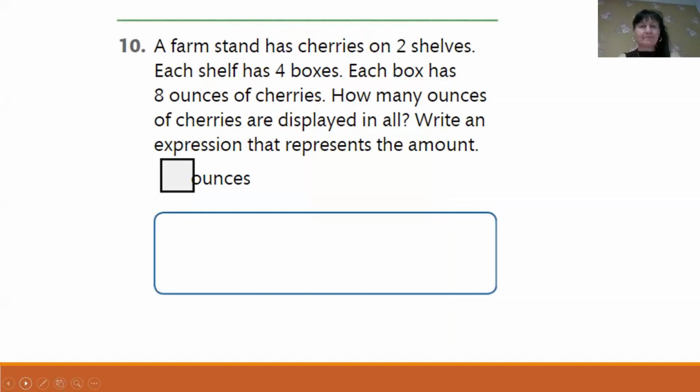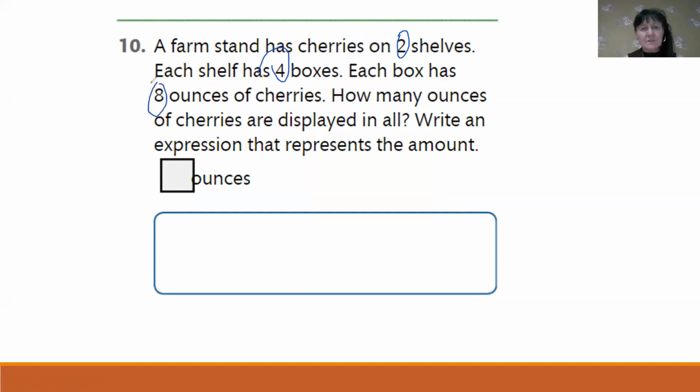Okay, next one. A farm stand has cherries on 2 shelves. So we are circling 2 shelves. Each shelf has 4 boxes, and each box has 8 ounces of cherries.